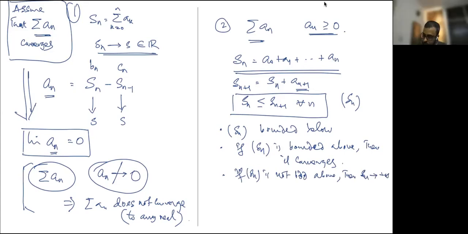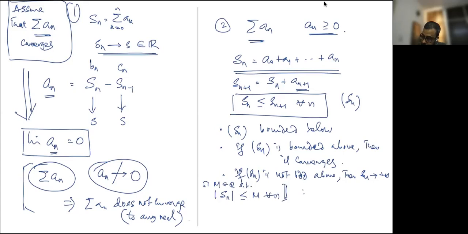So what are the possibilities? There exists M such that, so this is exactly the condition that the sequence Sn is bounded above.